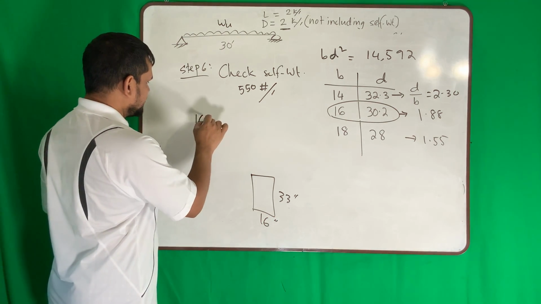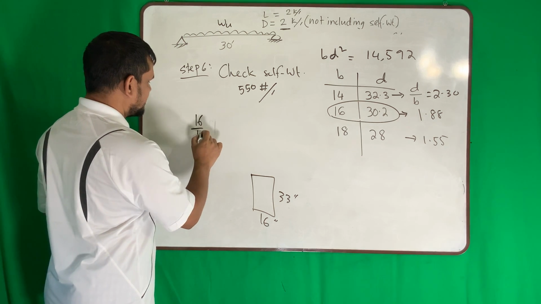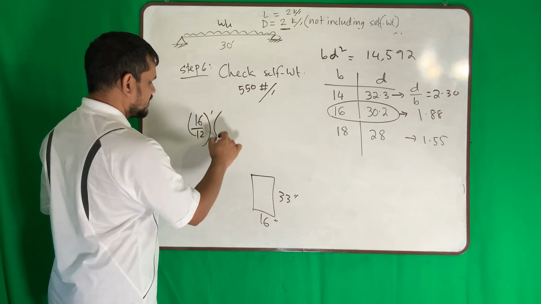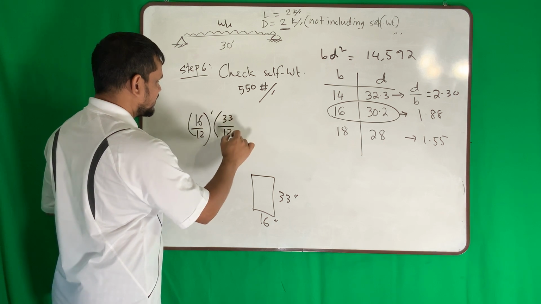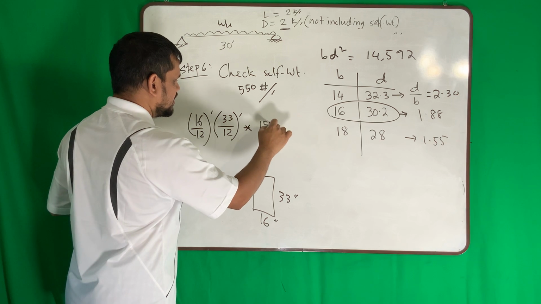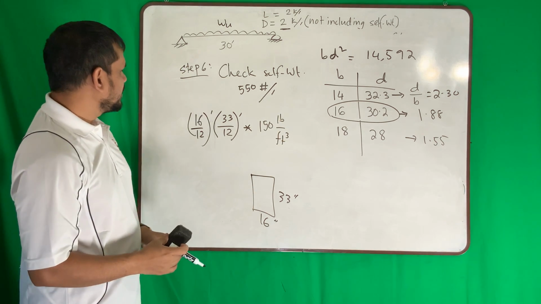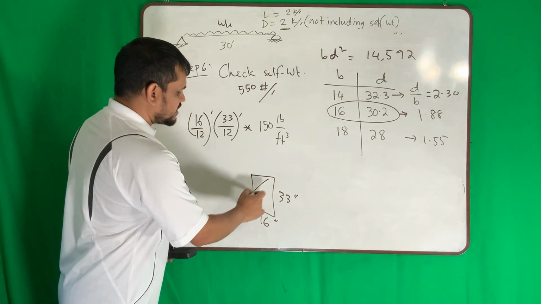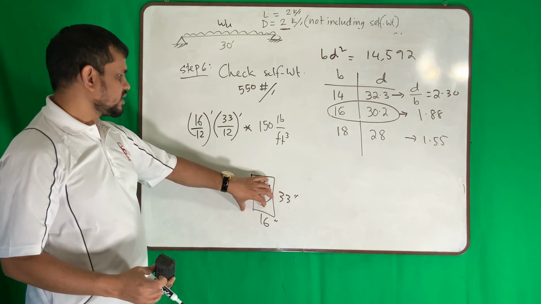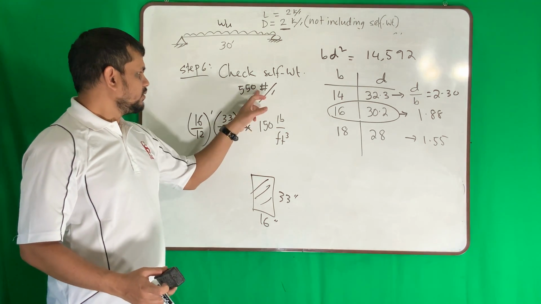Okay, so 16 divided by 12 feet, 33 divided by 12 feet. What is the unit weight? 150 pound per cubic feet. Simply the cross-sectional area times the unit weight will give you load per feet.